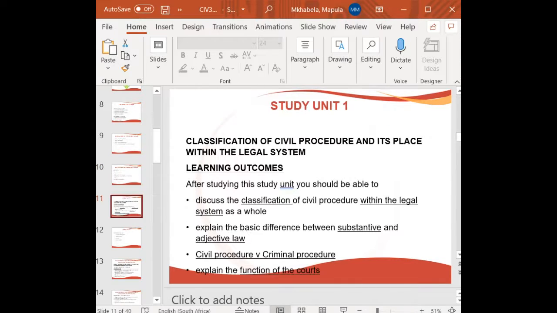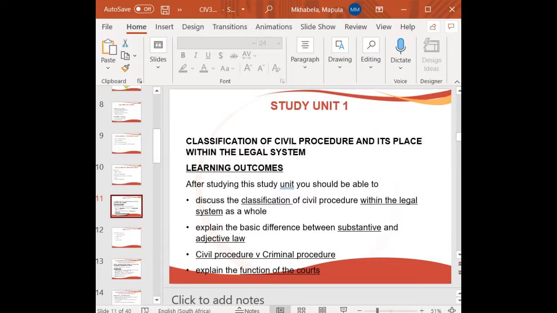Now moving along, study unit 1, which is about the classification of civil procedure and its place in the legal system. We will start with the learning outcomes of the study unit.